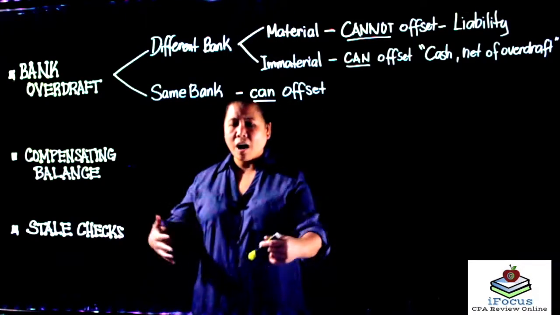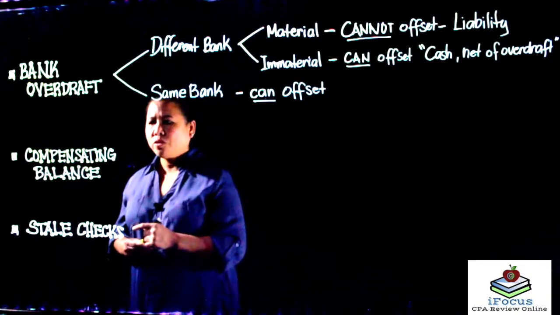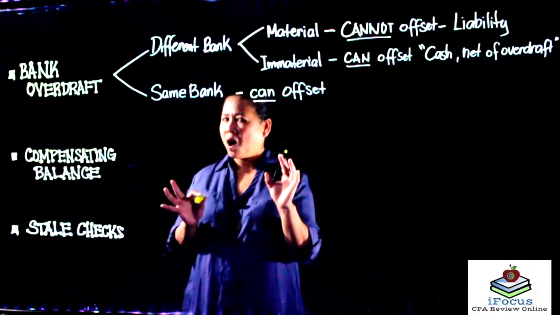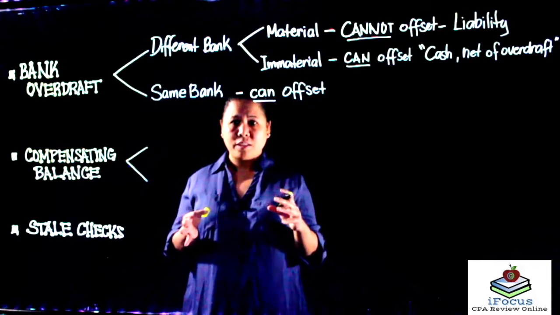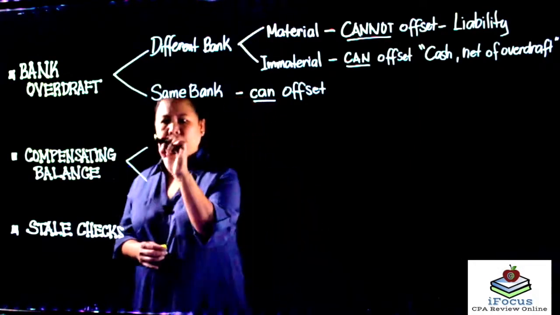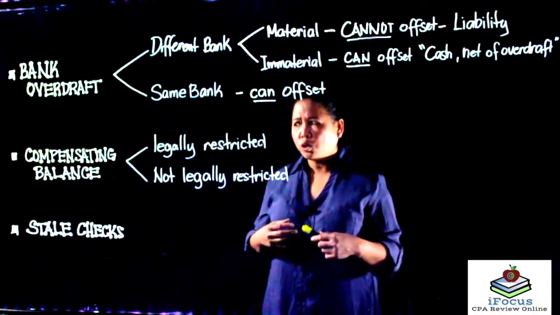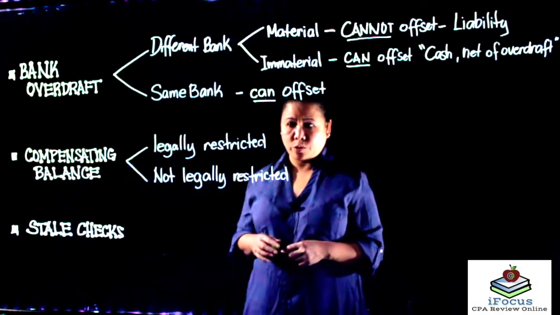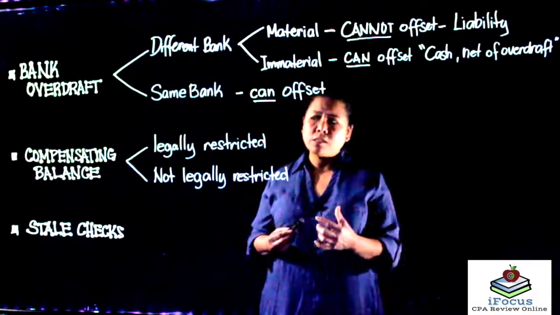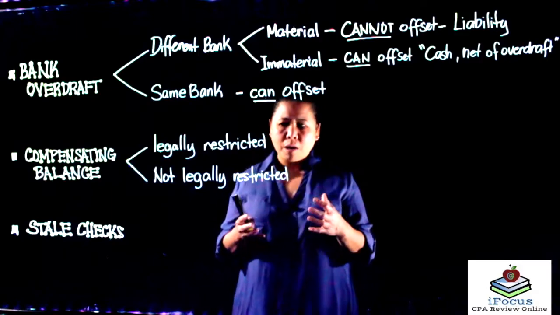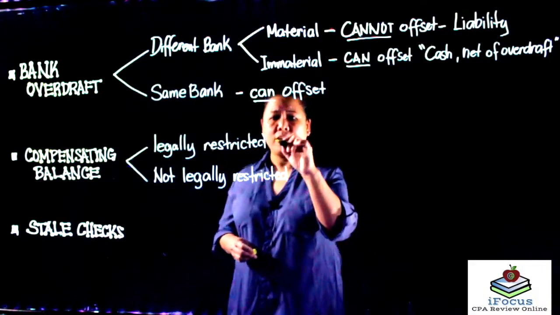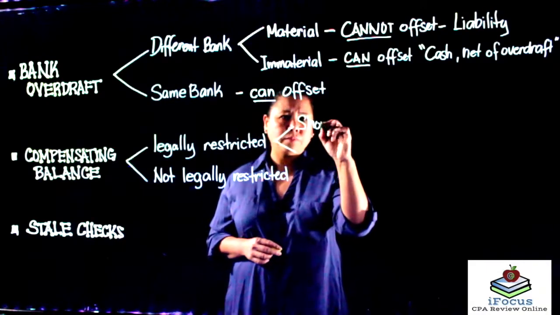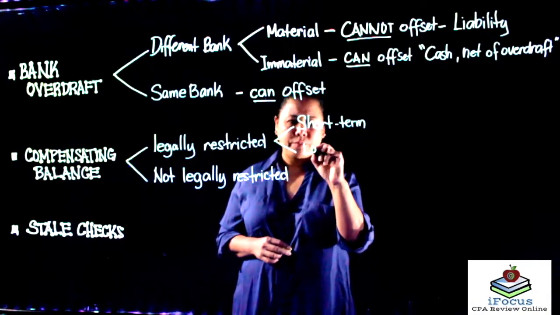How do we account for the compensating balance? 2 things we have to remember on compensating balance. If the compensating balance is legally restricted or not legally restricted. So what do we do if it's legally restricted? If this amount of cash is legally restricted, we can classify this either short-term or long-term.